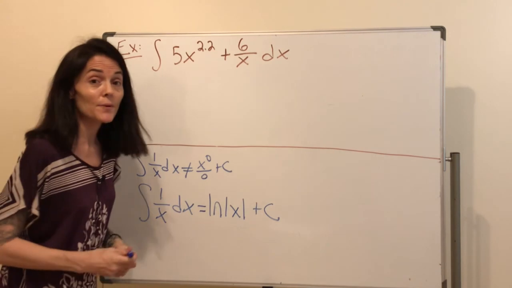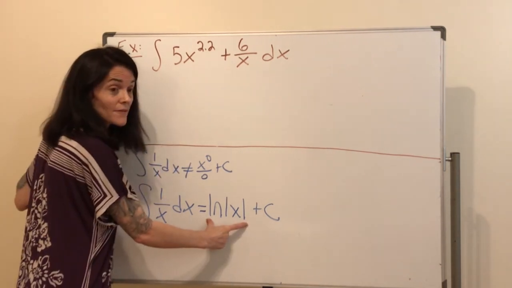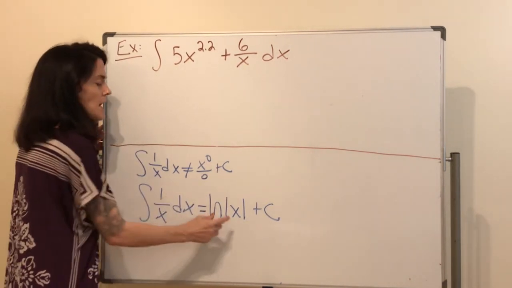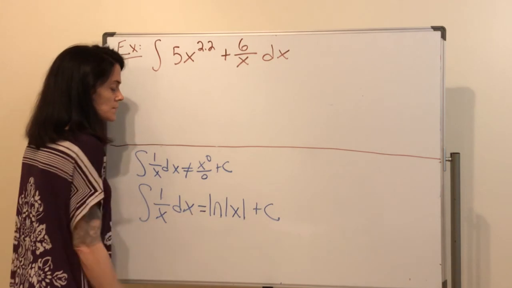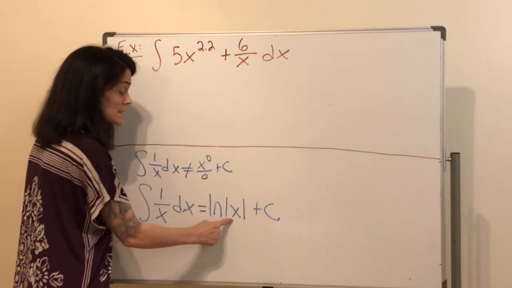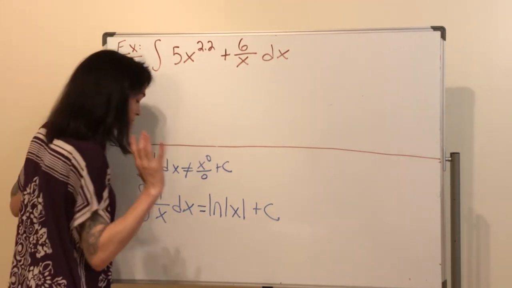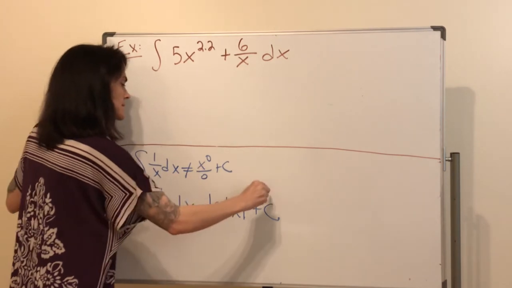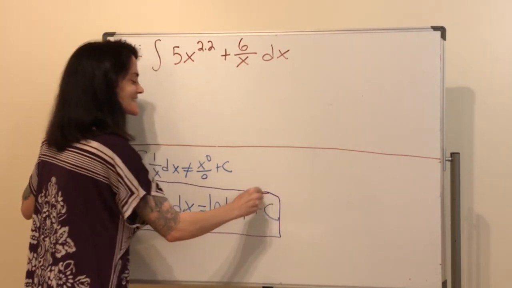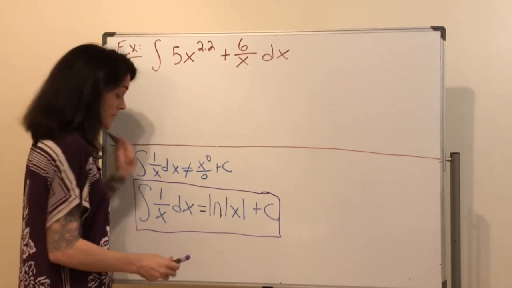And you might remember, we did this in class, the derivative of ln, absolute value of x, is also 1 over x. But by putting the absolute values here, this function, the integrand, and this function, its antiderivative, they have the same domain. And so this is what we take for the integral of 1 over x dx. ln, absolute value of x, plus c.